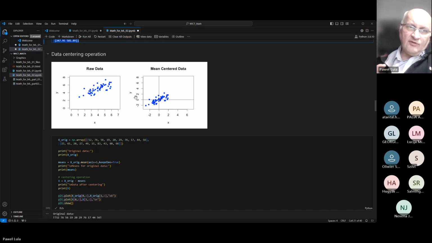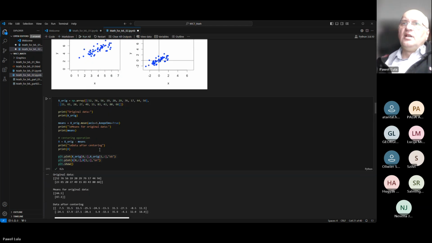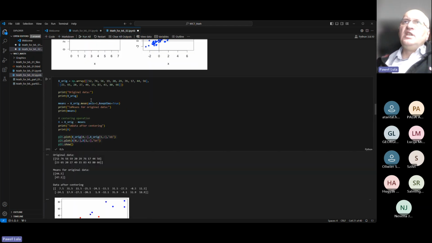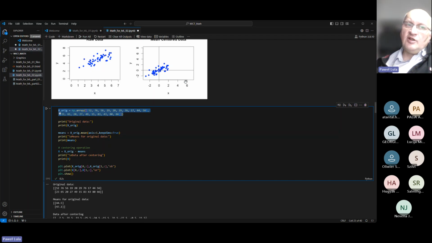So it is a very simple operation. But now I'm going to show you the impact which this operation has on variances and on covariances. And now we can say that this operation has no impact on variances and on covariances. So here we have this original data set, and I perform this centering operation.